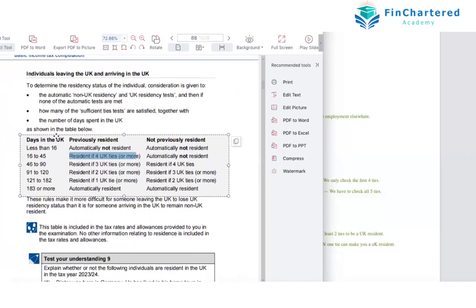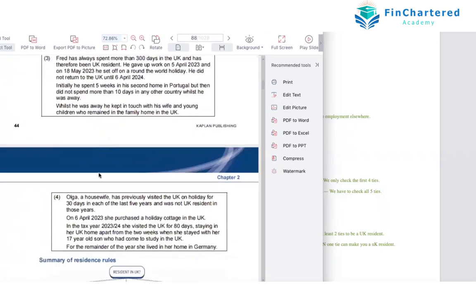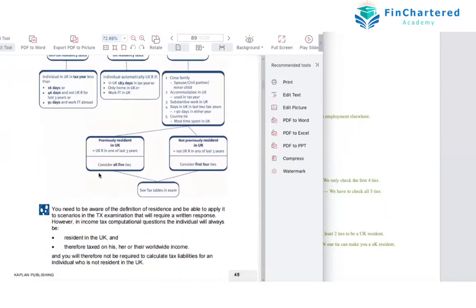If you've been in the UK for 121 to 182 days, then even one tie or connection is enough to make you a UK resident, especially if you were a previous resident. So based on the days and the number of connections that you have, we will determine whether you are a UK resident or not a UK resident.